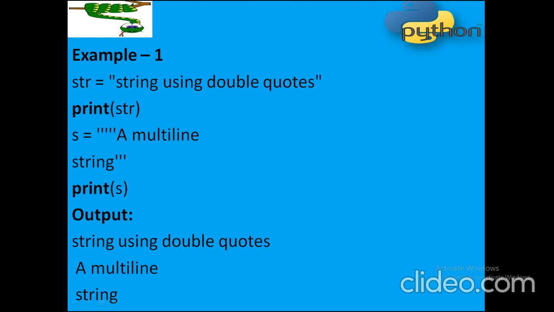This is a triple quote I have used here. By using double quotes, this is a way. By using a triple quote, if there are multi-line statements, in that case we can use a triple quote. For these two statements, we have the output: the string using double quotes as it is displayed, and the second s variable is displayed as it is, a multi-line string.